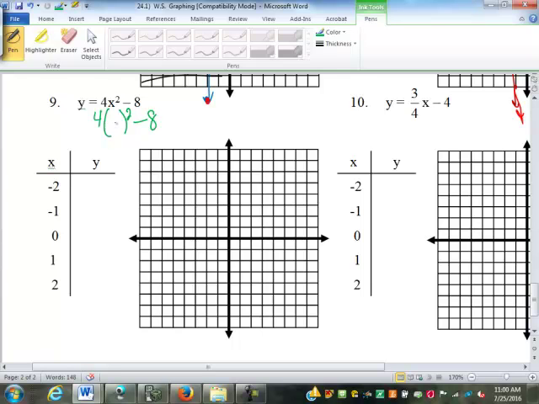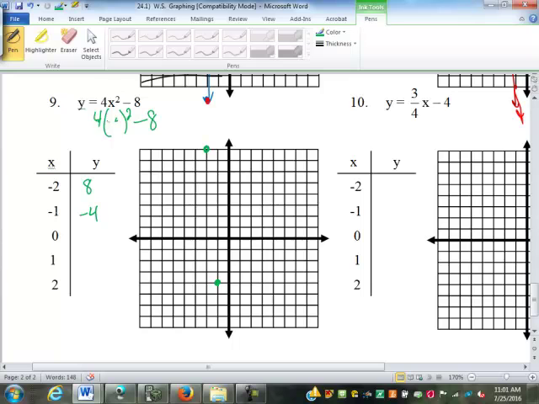If I put in negative 2, negative 2 squared is 4. Times 4 is 16. Minus 8 is 8. So it'd be negative 2, 8 is right there. If I put in negative 1, squared is 1. Times 4 is 4. Minus 8 is negative 4. So negative 1, negative 4 is right there.